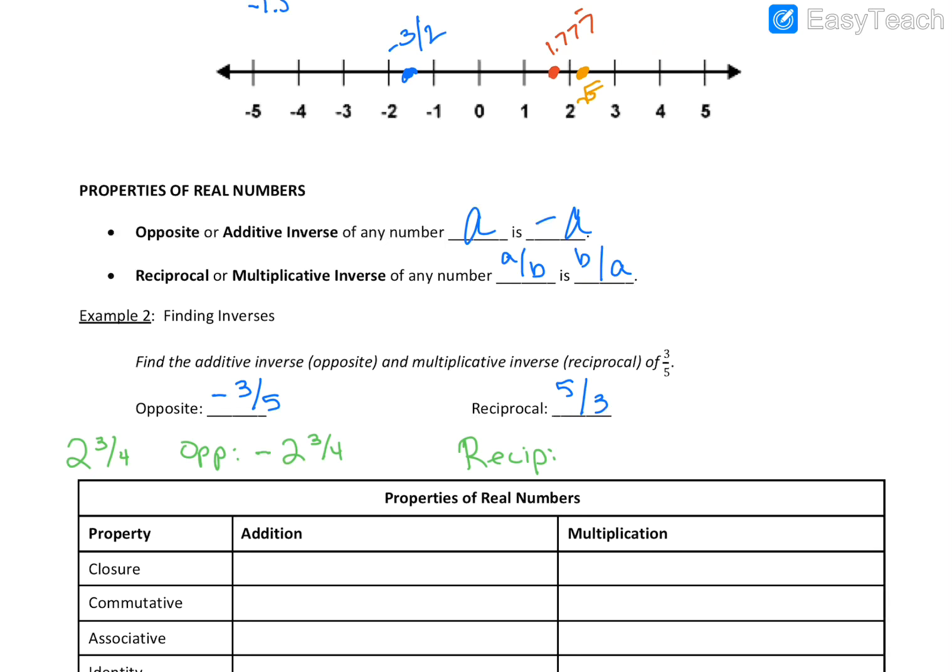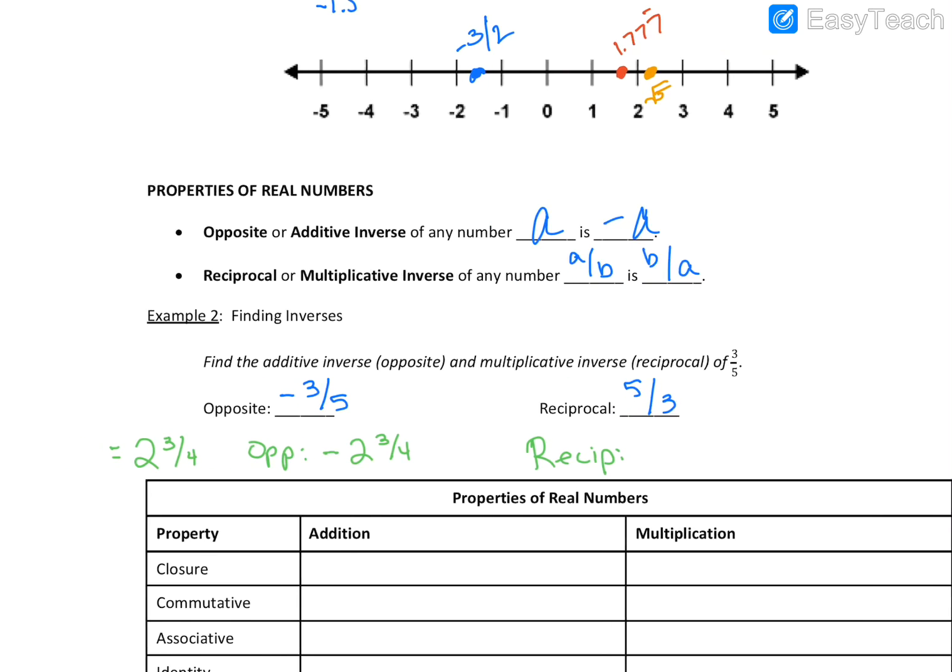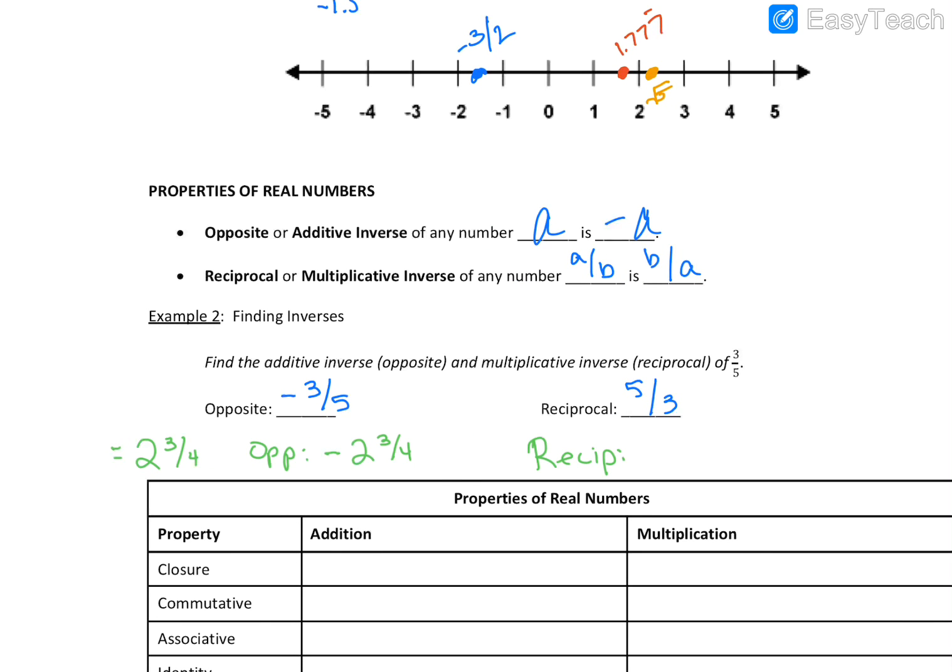So we need to write this as an improper fraction. For 2 3/4, you would do 4 times 2 is 8, plus the 3, which is 11. So 11 fourths is what we have here. Then you'll be able to flip it, and the reciprocal is 4/11. Otherwise, with the mixed number, you can't write the reciprocal for it.